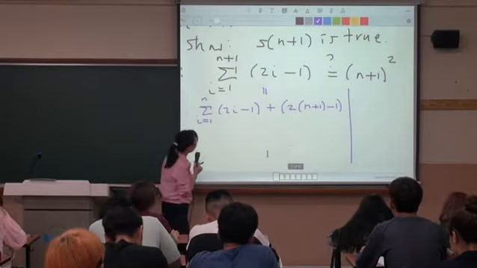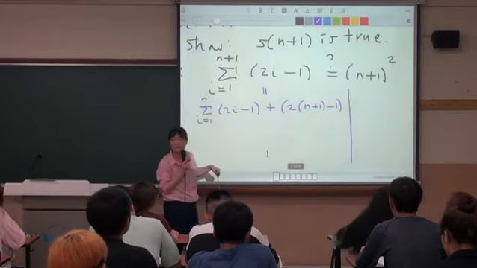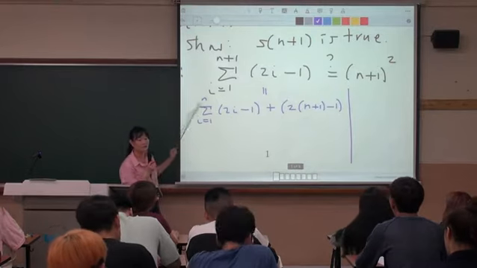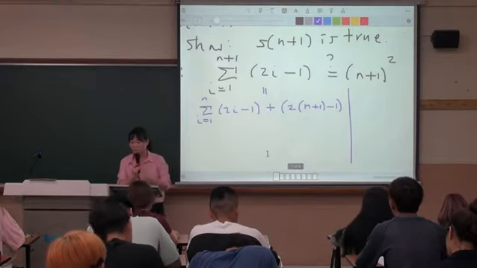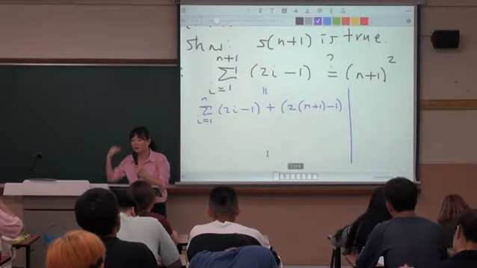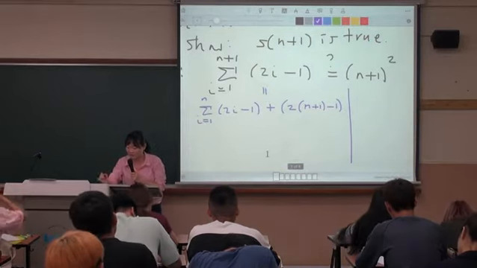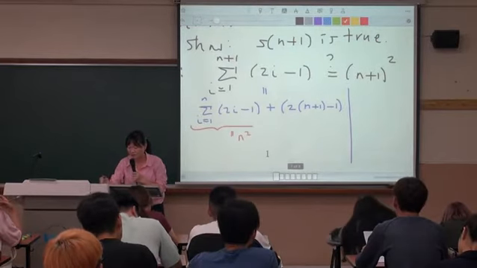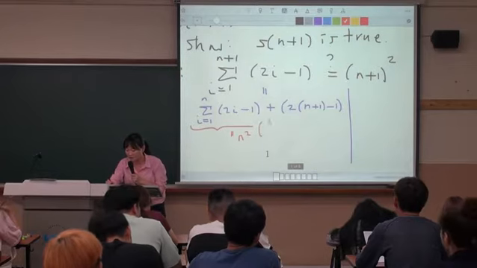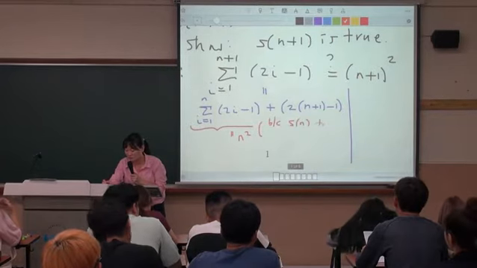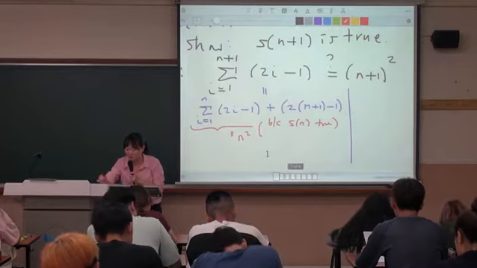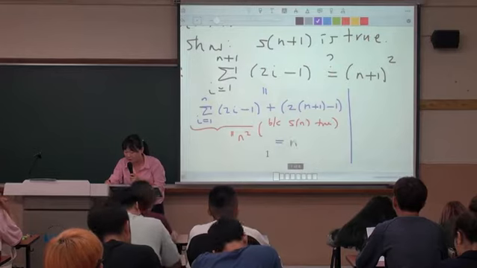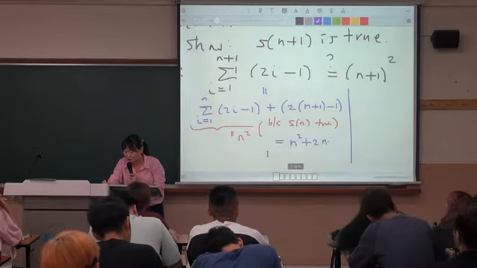Okay, so because S of n is true, that was our assumption, so we know that this equals what? n squared, right? We are assuming n is in the set. So this is equal to n squared because Sn is true, because of our assumption. Yeah. So then we get n squared plus 2n plus 1.